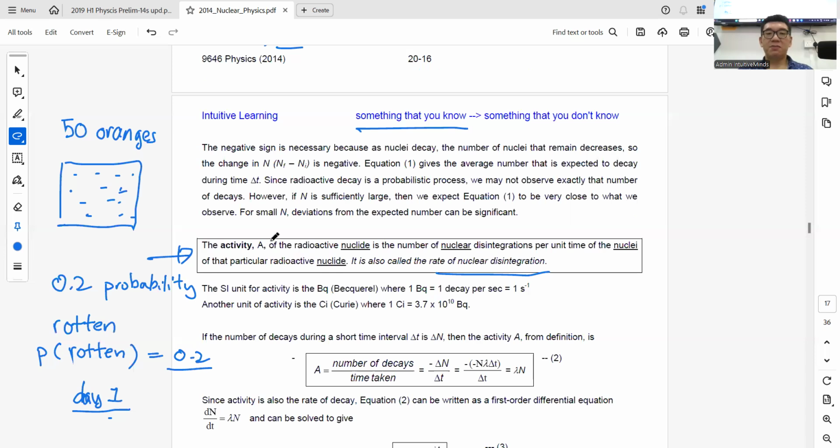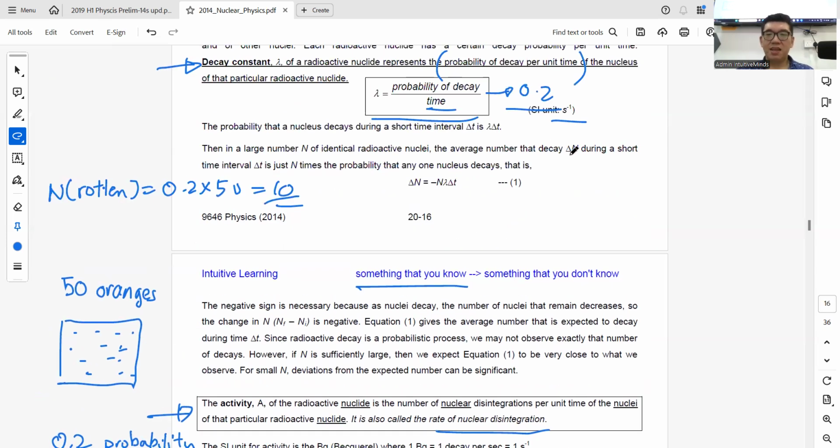Now, if I ask you, if I have 50,000 nuclides, and the nuclides are similar to the oranges, that's why I'm using the same number, 50 and 50,000. Okay?